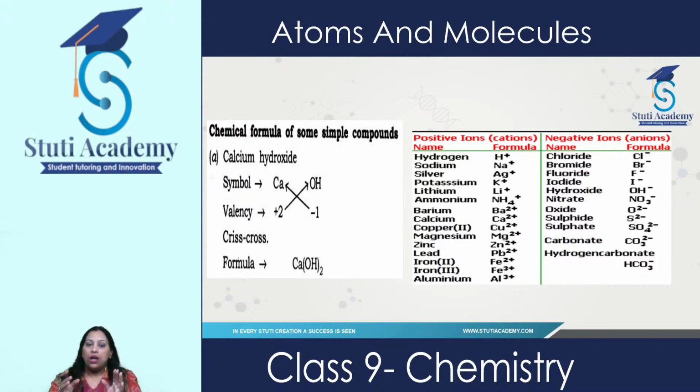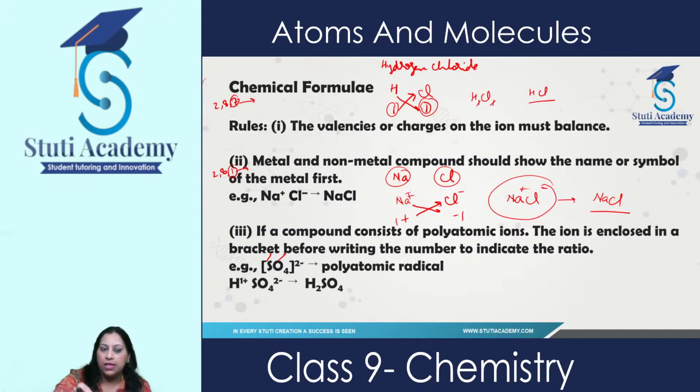Now, how to write the chemical formula of some simple compounds. First is calcium hydroxide. Before writing this, I'll give one example so that it is very easy for you. First I'll clear this out. H2SO4. It contains H and SO4.